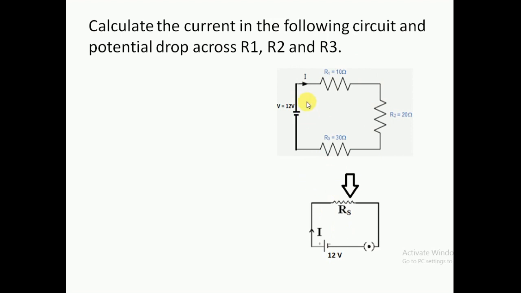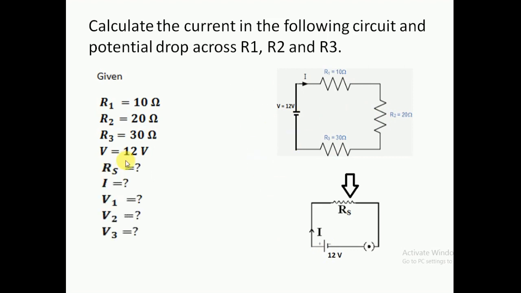The remaining I and 12 volt are the same. Here R1 is given as 10 ohm, R2 is 20 ohm, R3 is 30 ohm, and the potential difference is 12 volt. We have to find RS, the total resistance, the current, and V1, V2 and V3.